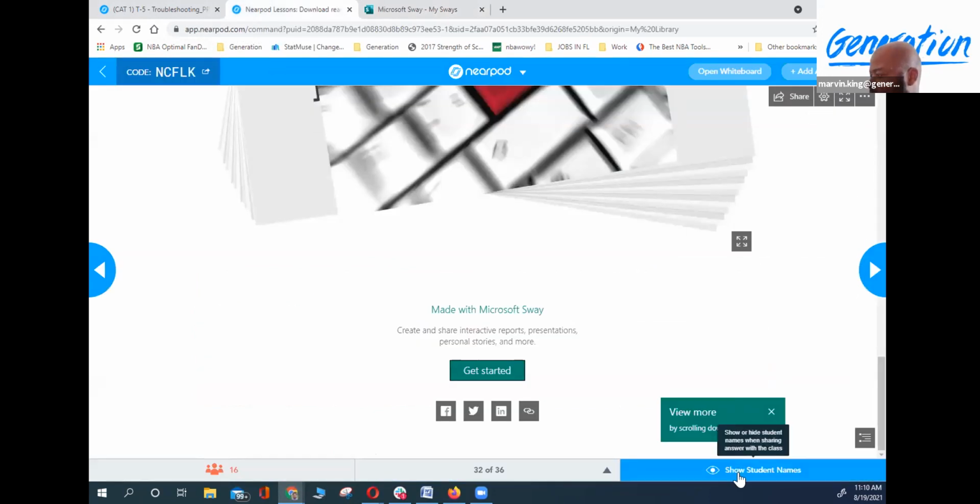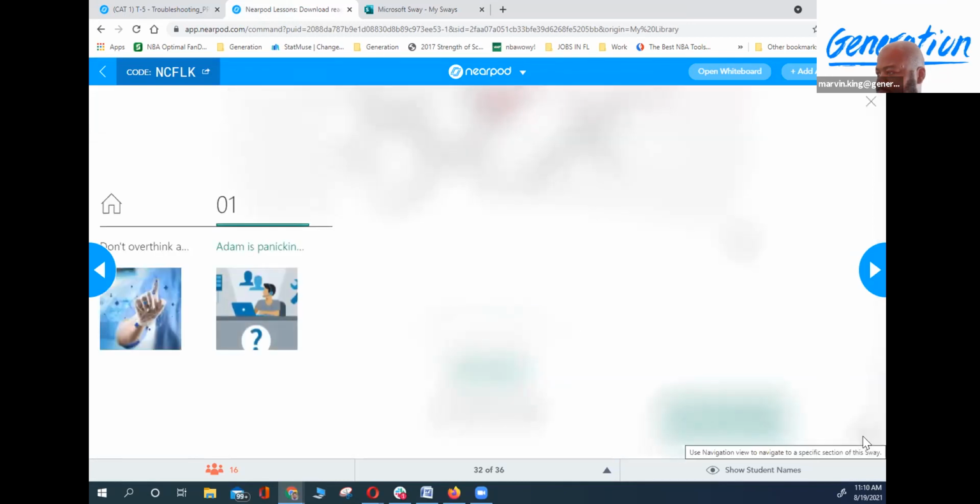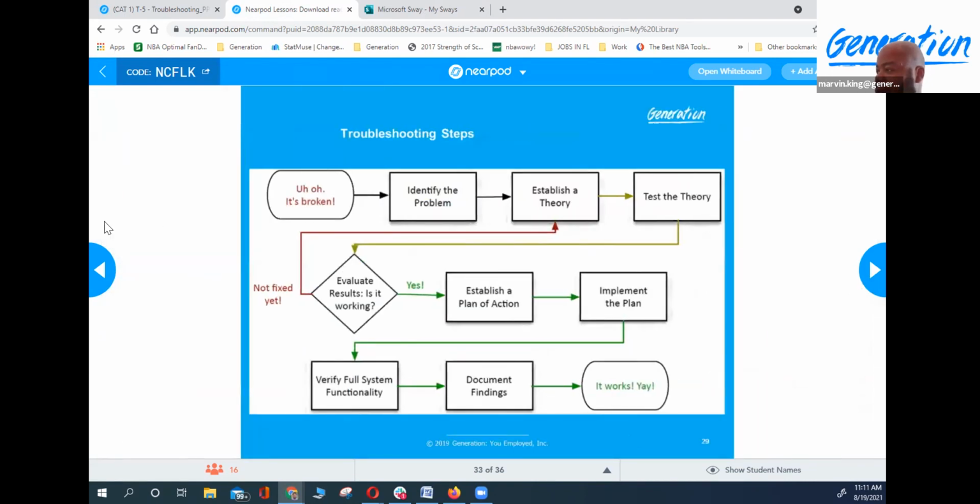Share. Oh yeah. So what do you guys see? Because it says show students' names. I wonder, are you seeing something on your end? You know what? I don't like it. So I'm taking over, but I'm going to skip it.